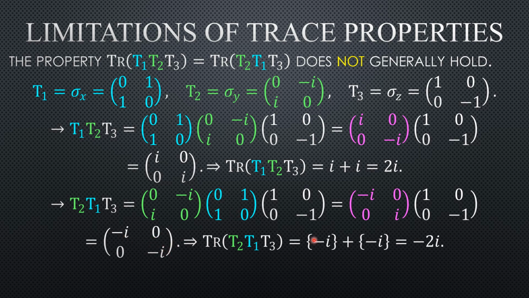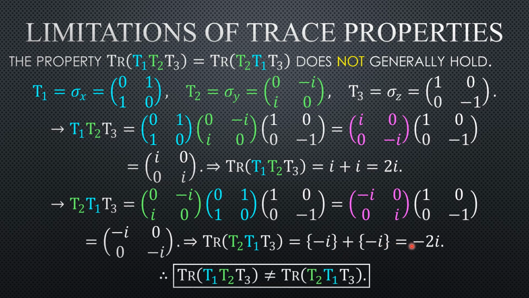So taking a trace of that, we're adding two negative I's together, leaving us with negative 2I. As a result, it's clearly evident that this first trace does not equal the second trace, so this property doesn't hold. And so this counterexample underscores the importance of understanding the limitations of the trace property in matrix algebra.